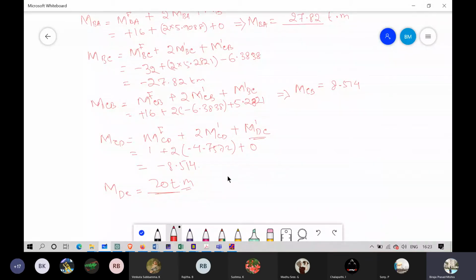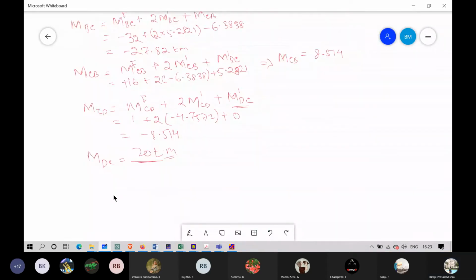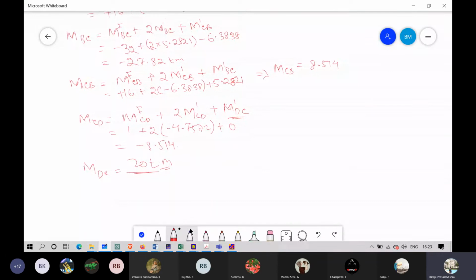So now, what will be the bending moment diagram for this one? Can you draw it? Okay, let me draw that one for you.